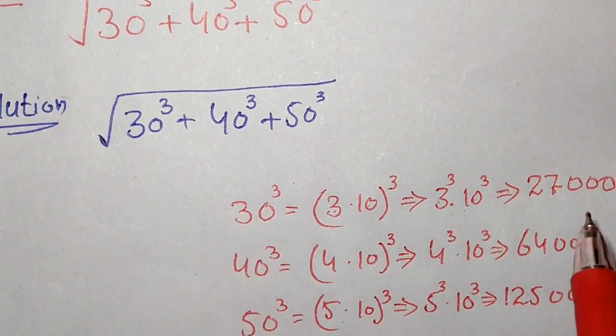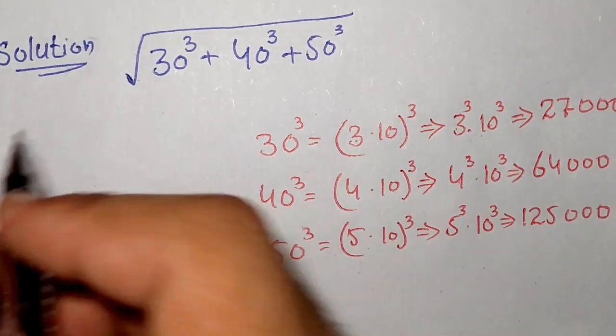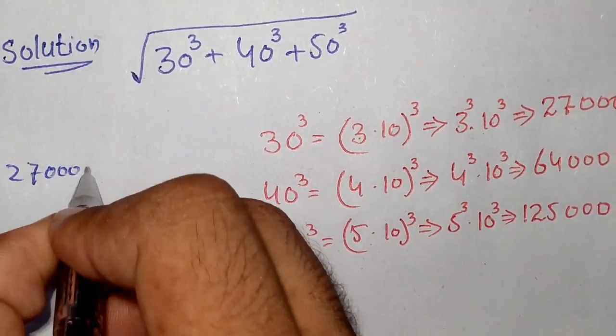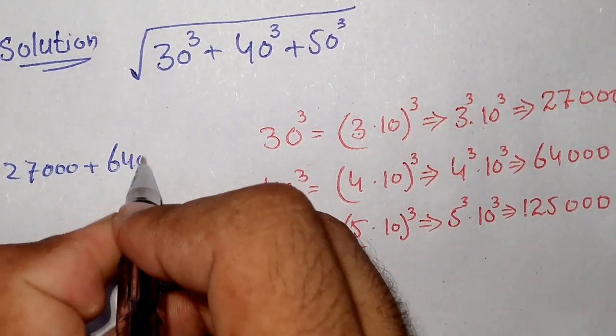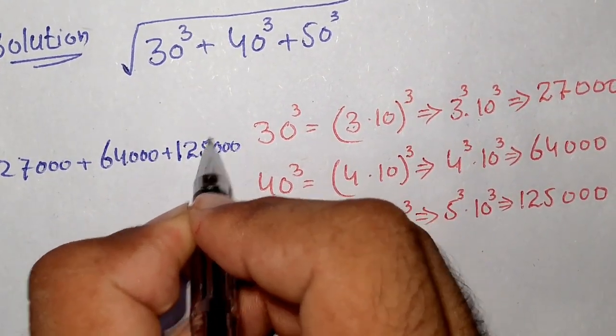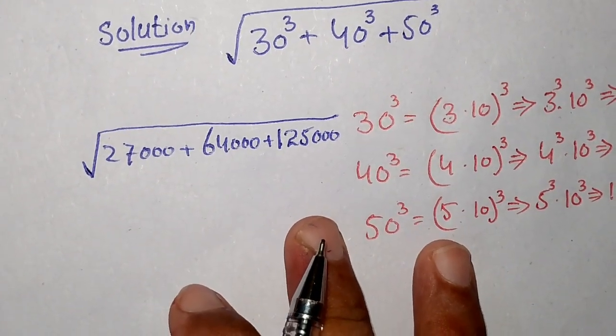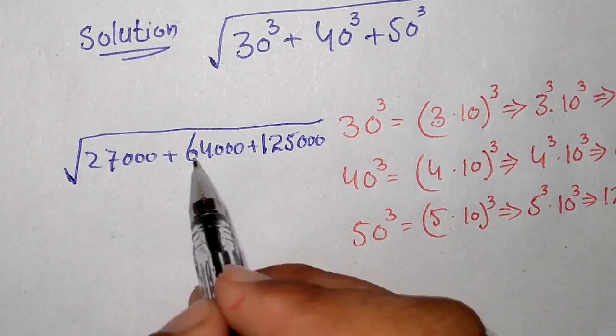So we have to replace these by these numbers. So this will become square root of 27,000 plus 64,000 plus 125,000.